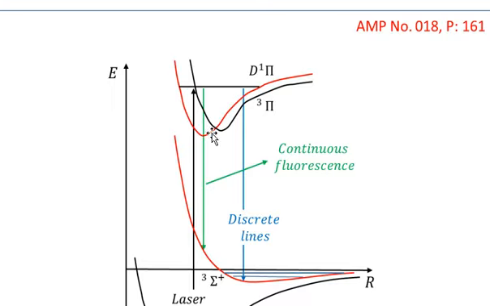This electronic state represented in red has molecular state represented by D1 pi, whereas the black electronic state is represented by 3 pi. And you know that these two are bound molecular states.